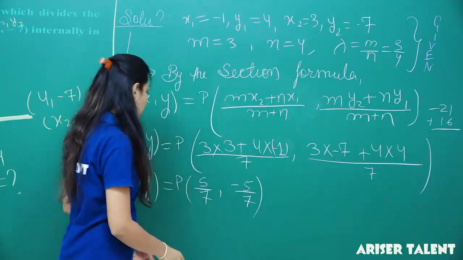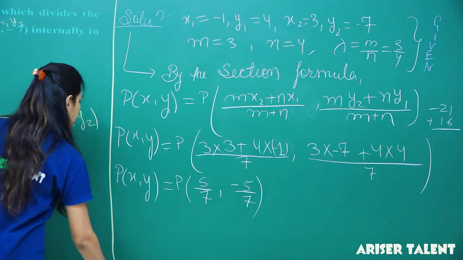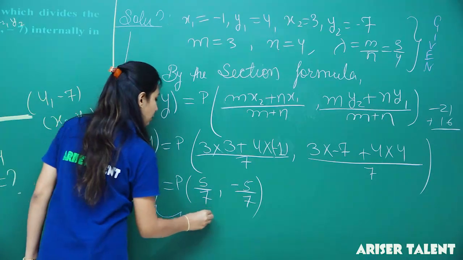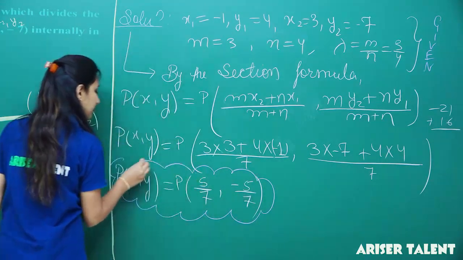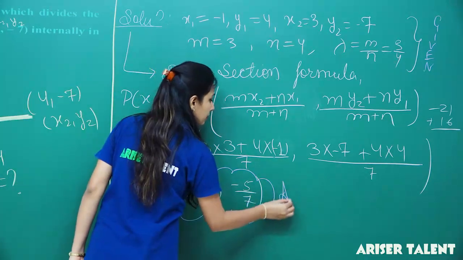So P equals (8 by 7, minus 9 by 7) is what you will call your answer. So this is your answer.